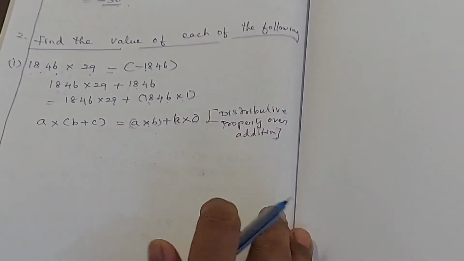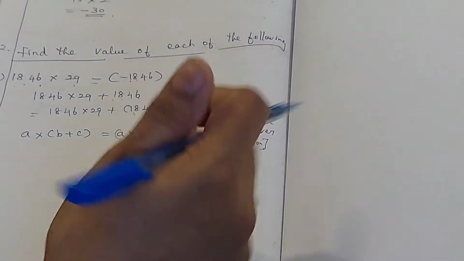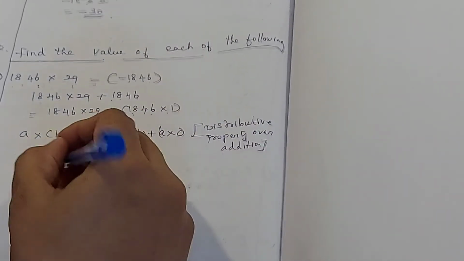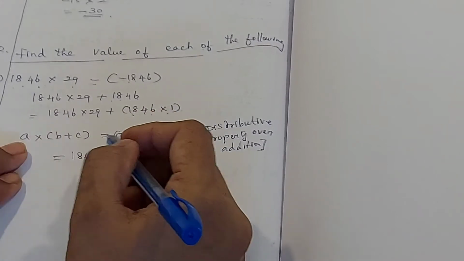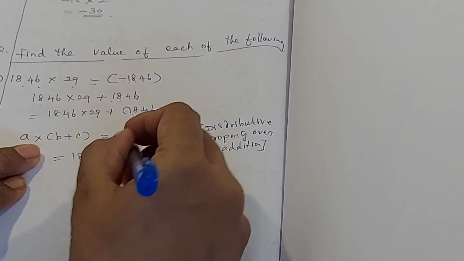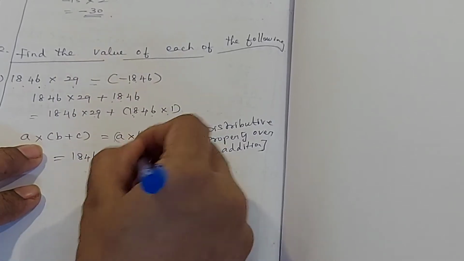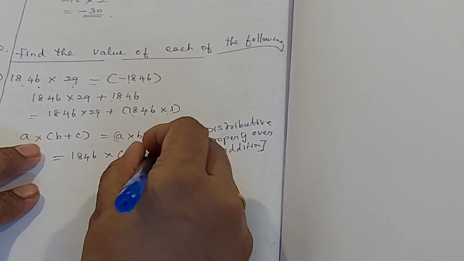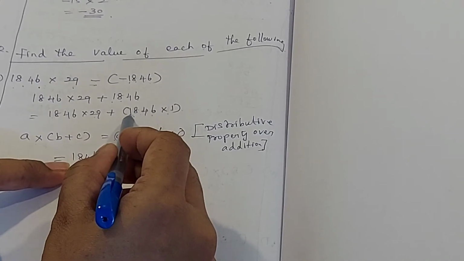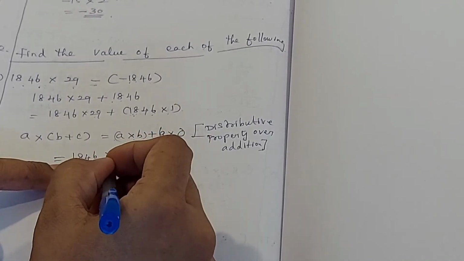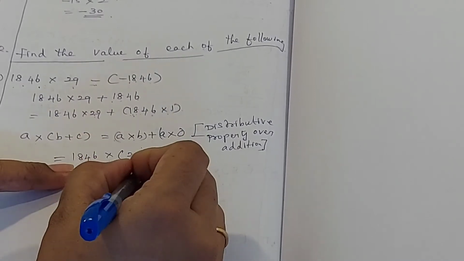Okay children, whatever property you are using, just mention it in the bracket. Okay, so now we can write this 1846 as A cross, what? Here is 29 and here is 1. So we have taken out this common number 1846, multiplied by 29 is here and 1 is here.